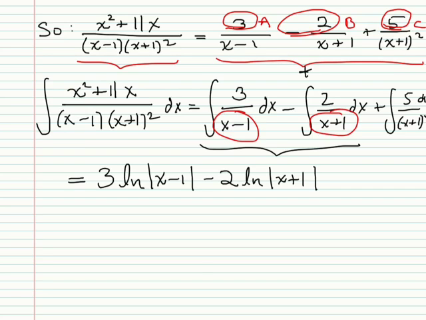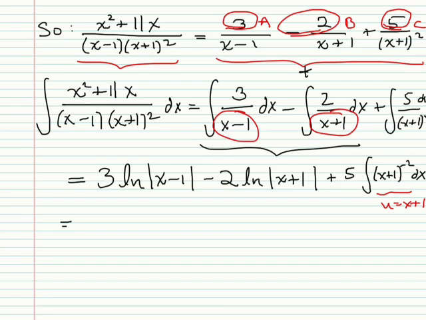Now for the last term, let me rewrite this last term. It's 5, and then we've got x plus 1 to the minus 2 dx. So this is actually just a backwards power rule. Again, if you want to write it out in every last detail, you could do a substitution u equals x plus 1, and then you'd basically have u to the minus 2, and du equals dx.